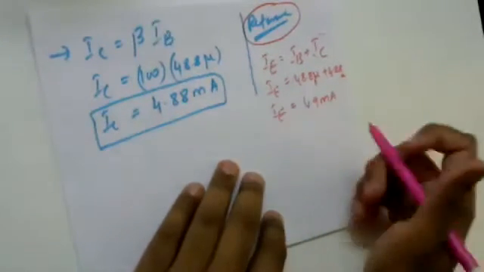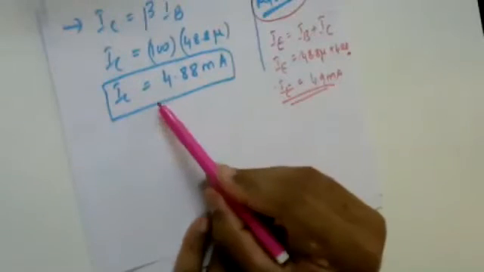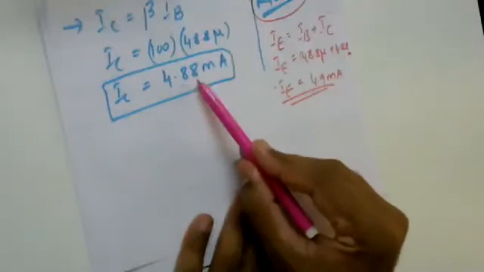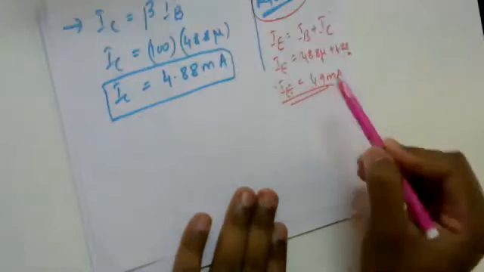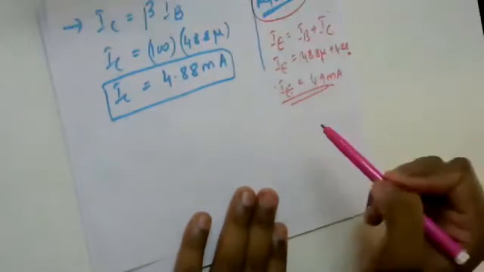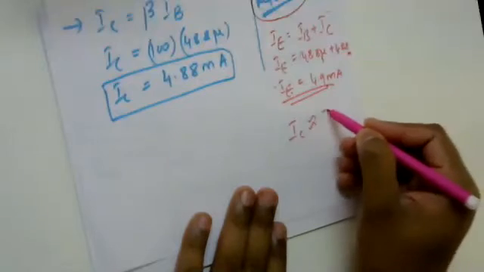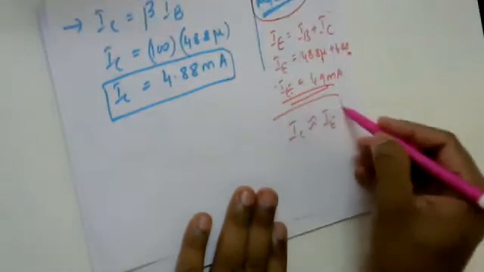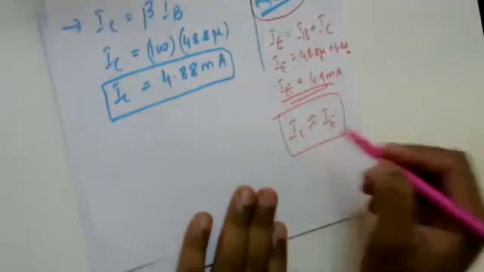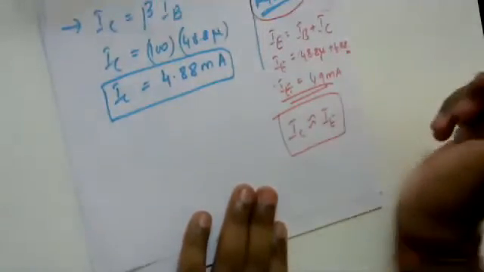Now I want you people to compare the value of IC and the value of IE. IC is 4.88. What's the value of IE? 4.9. This is the reason we say your collector current is approximately the same as the emitter current. Understood? This subject you will be able to understand only when you solve numericals.